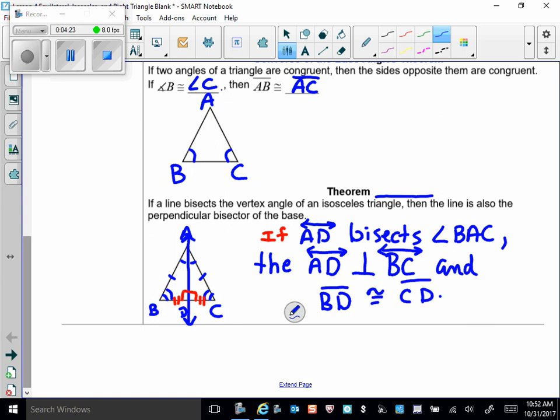It's perpendicular and it's the bisector, which means it divides the base BC into two congruent parts. So there you go. That theorem says a lot.